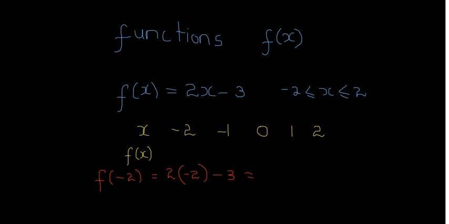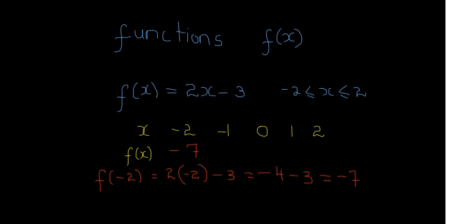And once I do some arithmetic, this is a simple process, I'll be able to obtain the value for f of -2, which gives me -7. So my f of x value for -2 is -7.